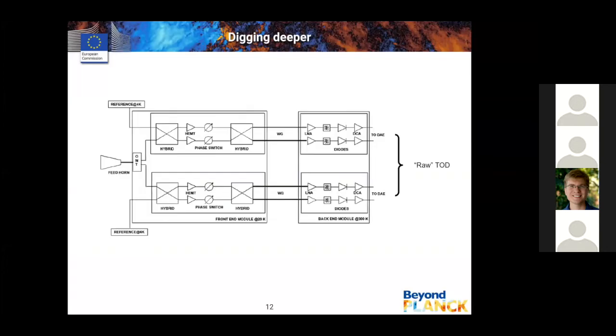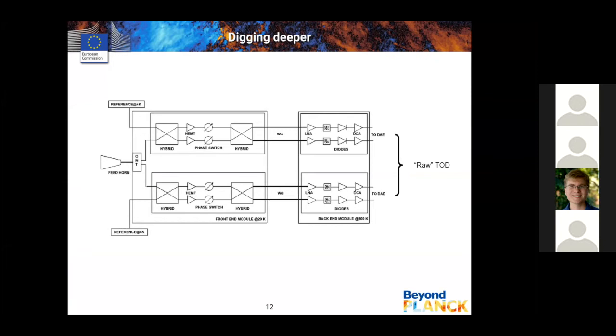As Matthew mentioned, we now are starting to dig down into more low-level data. So here's a diagram again of an LFI detector. You have the signal coming in through the feed horn, which is split and coupled with the signal from the reference loads.